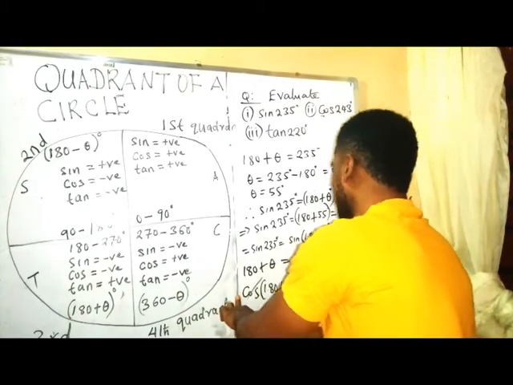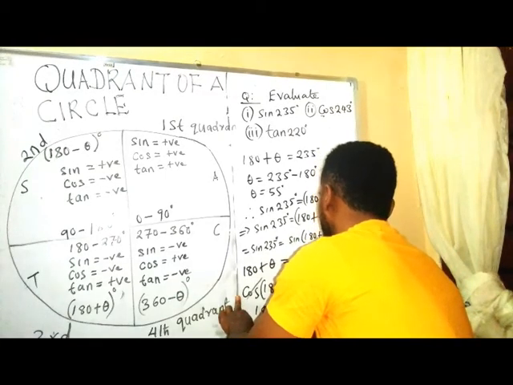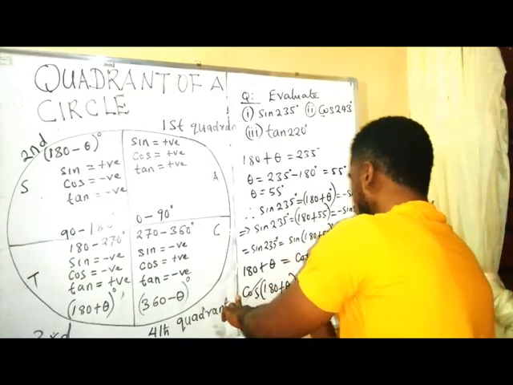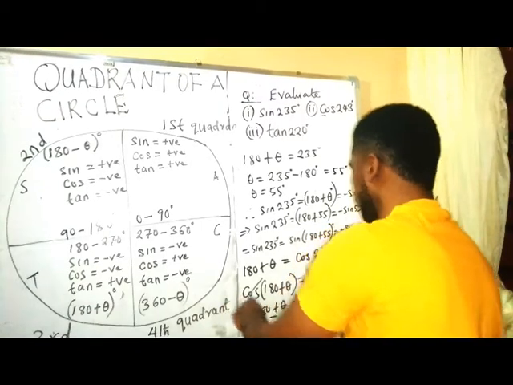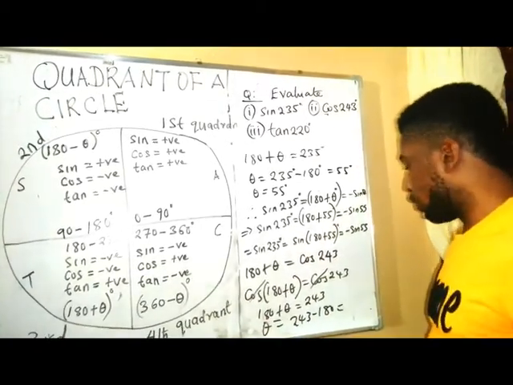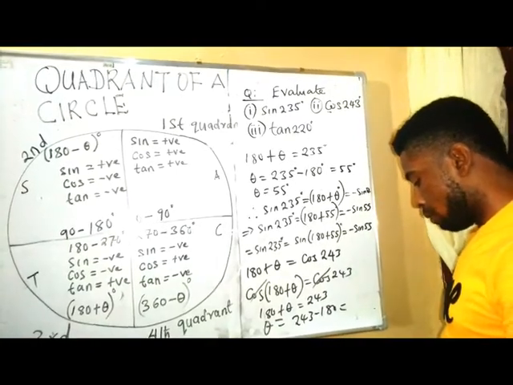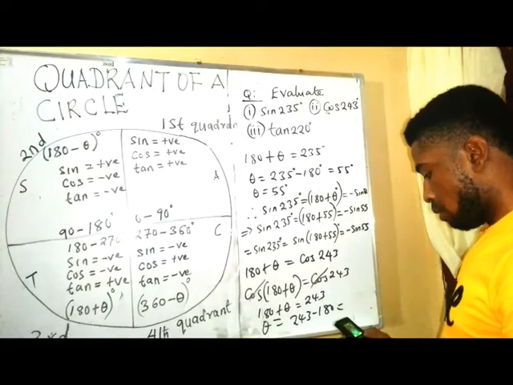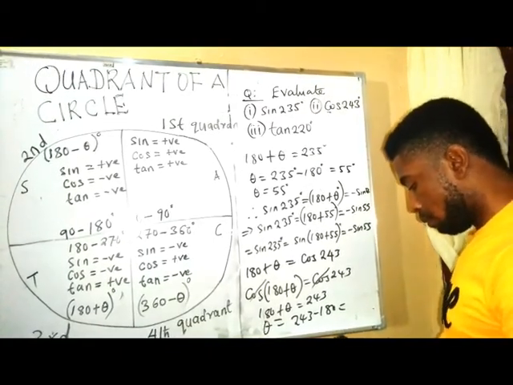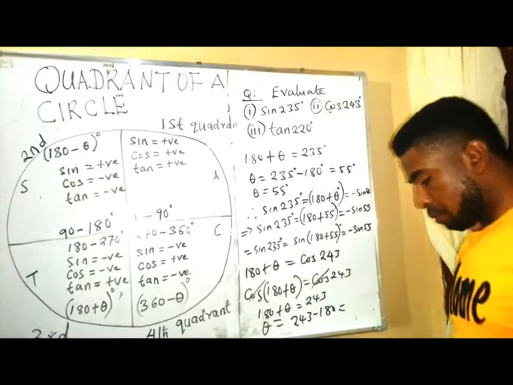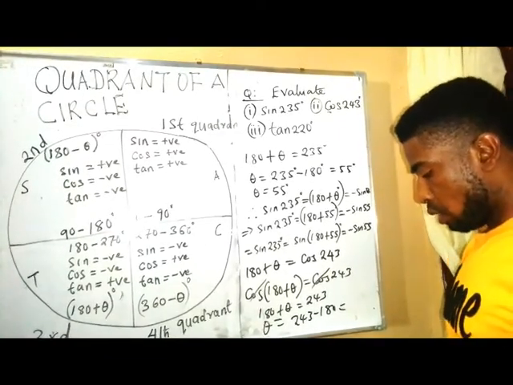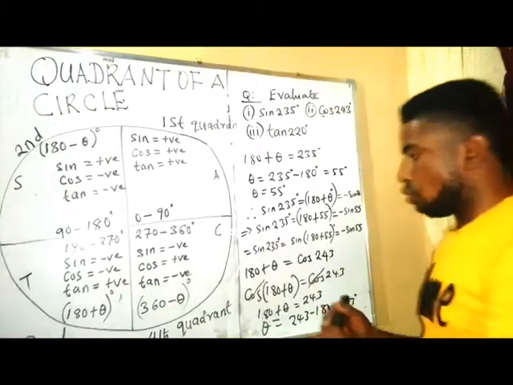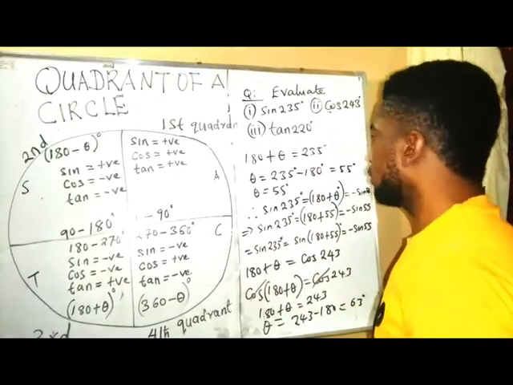Cosine will cancel cosine, so we have 180 plus theta is 243. To find your theta, 180 crossing becomes 243 minus 180. If you subtract 243 minus 180, it will give you 63. So the angle is 63 degree. So you go here and substitute it.